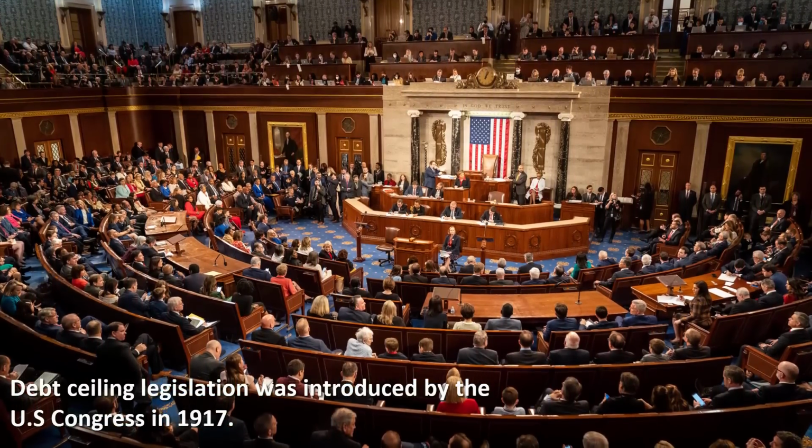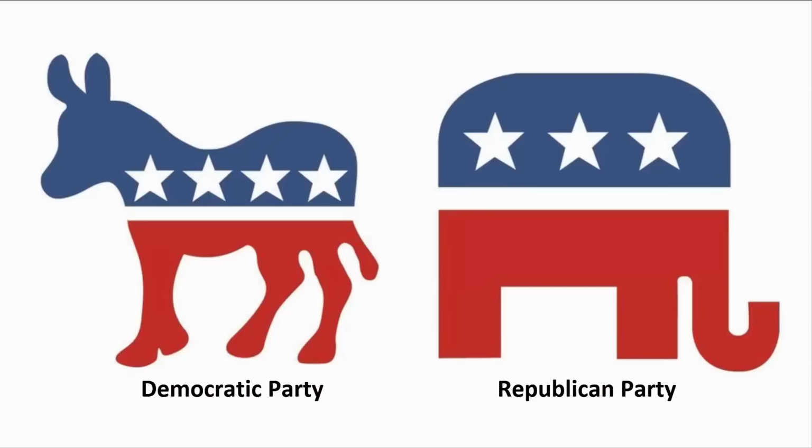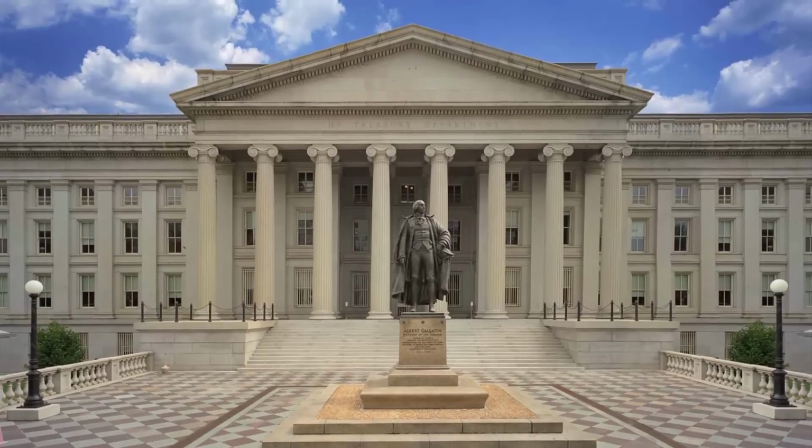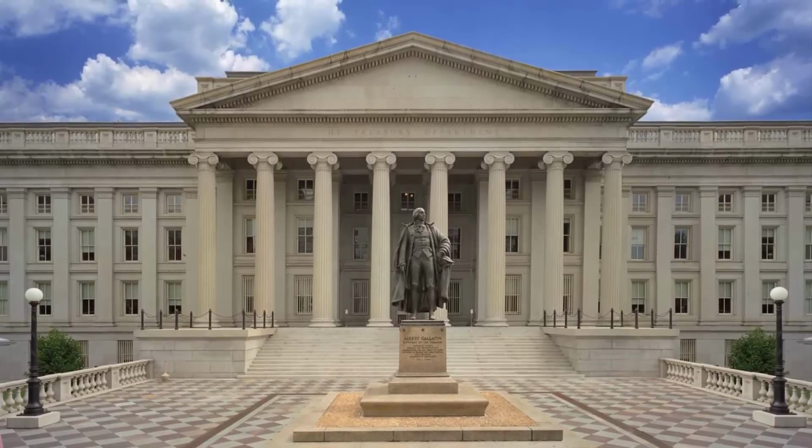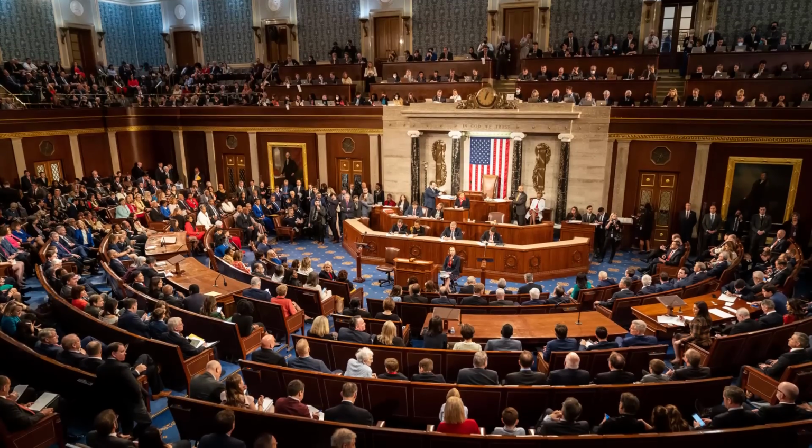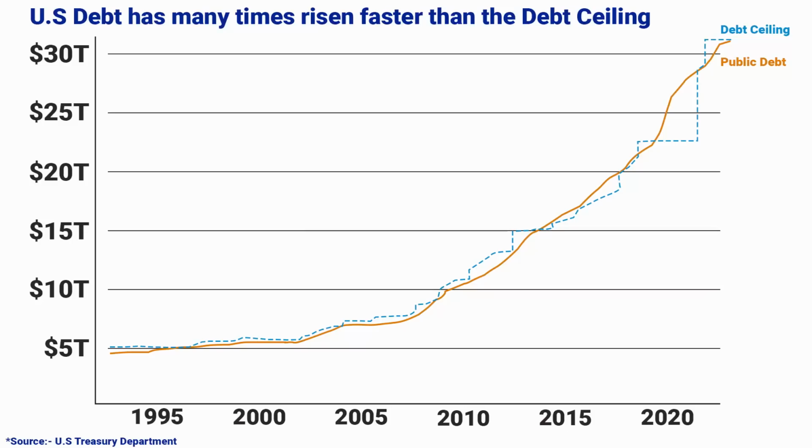That means in the past 100 years, anyone who comes into power, that is the Democratic Party or the Republican Party, they have routinely increased the debt ceiling through Congress. Because whenever the US Treasury Department could no longer pay the government bills, Congress had to act quickly and increase the limit. Now here is a graph that will show you that the United States debt has many times gone up faster than the debt ceiling.